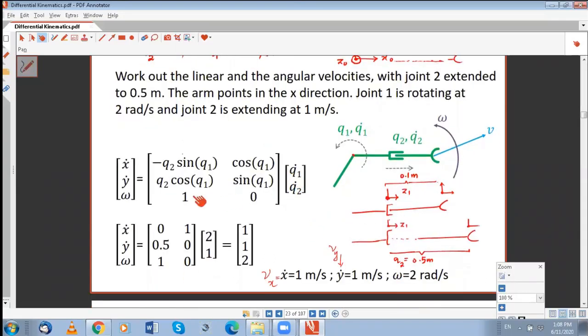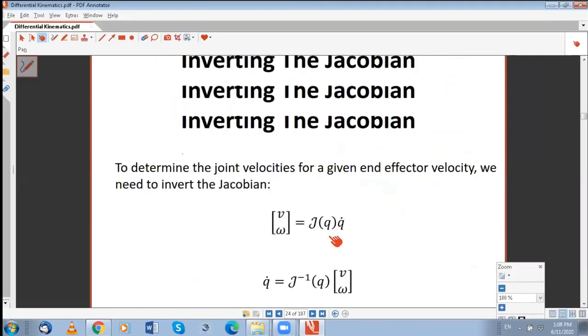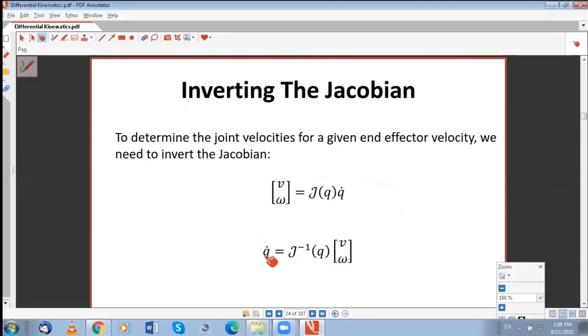In order to find these, we have to take the inverse of this matrix and multiply with these velocities. Only then we'll be able to find Q1 dot and Q2 dot. That will be the inverse differential velocity problem, the Jacobian inverse. So that's what you see here. In order to find Q dot, you have this velocity vector, you have this Jacobian, multiplied with this.